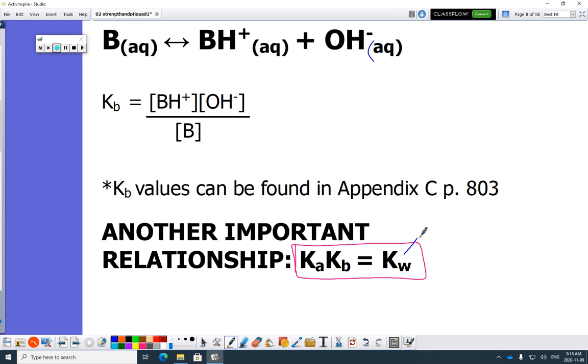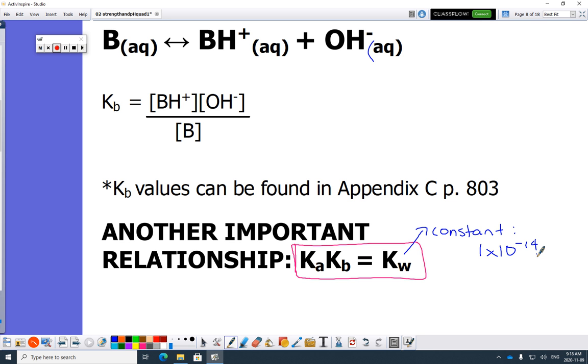Kw is a constant, which, if you need it, you would be given. Because water can accept and donate, it's amphoteric, so you can convert between acid and base values. Similar to pH, where if the pH was low, the pOH was high and vice versa, the same thing applies here. If you have a big Kb or Ka, the other would be very small and vice versa.